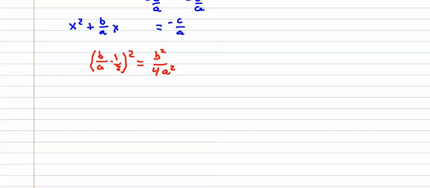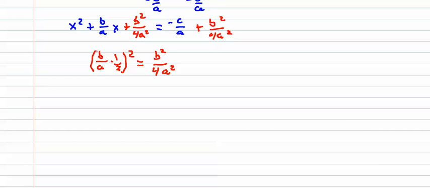We usually always write the number in front. And then we add that to both sides: plus b squared over 4a squared, and plus b squared over 4a squared.